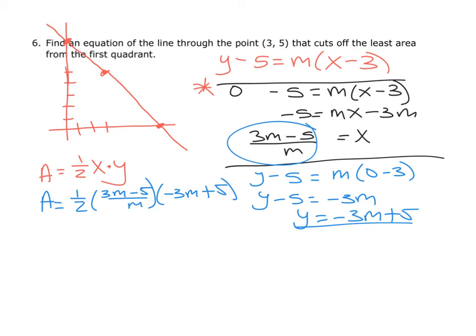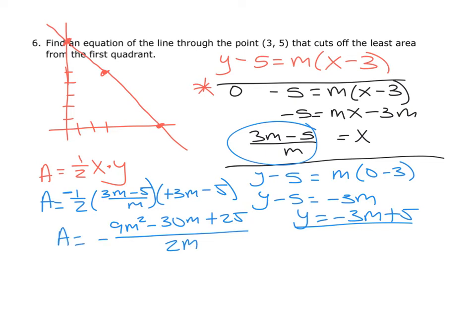So I took that negative out, made this a minus. So that's (9m squared minus 30m plus 25) all over 2m.